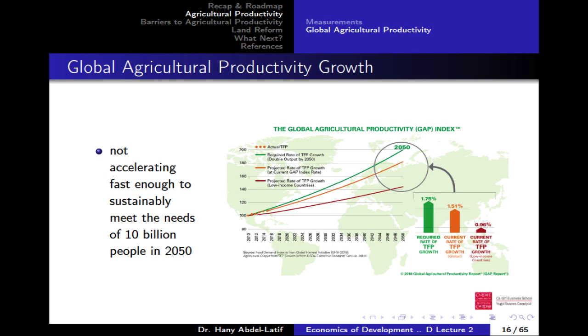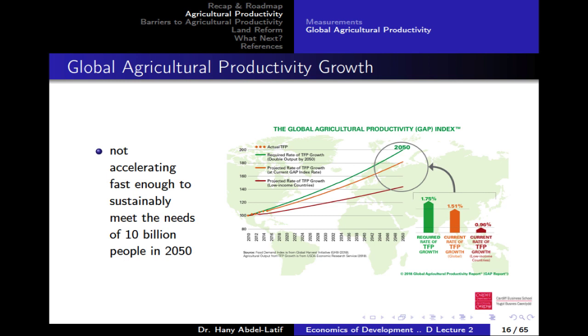And where we're going toward 2050, we need productivity to grow on this green line, while if we carry on at the same level of productivity as today, this will be how much the gap is.